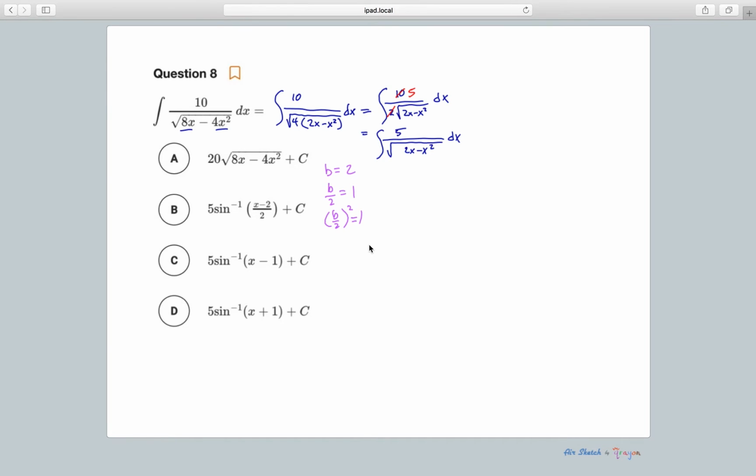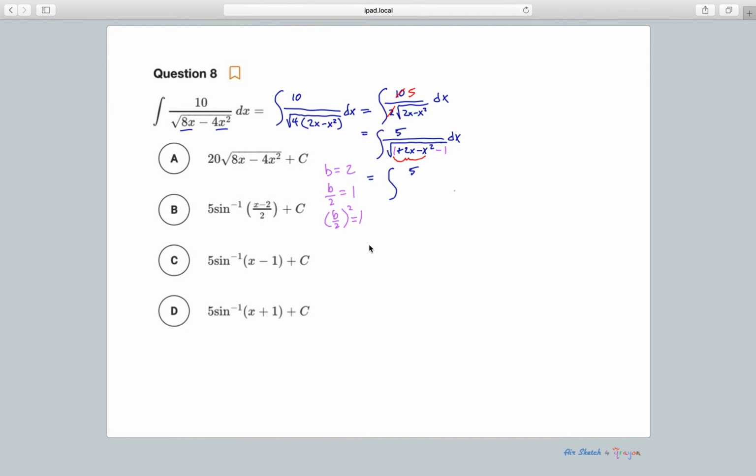So you're going to want to add that in. But I can't add that in without fundamentally changing my expression. So to counteract that, I'm also going to subtract it off. Minus 1. And this is all under the radical. Okay? So now, this quadratic is a perfect square, meaning it will factor down to a binomial squared.